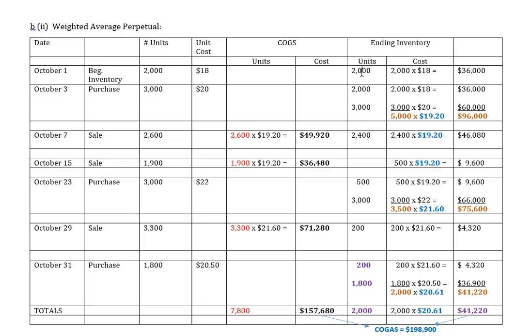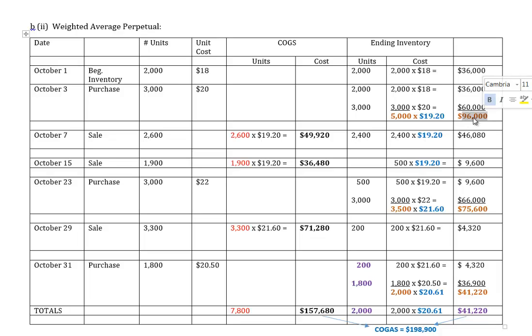So I have the original 2,000 units in beginning inventory at $18 a pop, or $36,000, and the 3,000 I just bought here at $20 a pop, which is $60,000. So I have 5,000 units of inventory at $96,000.